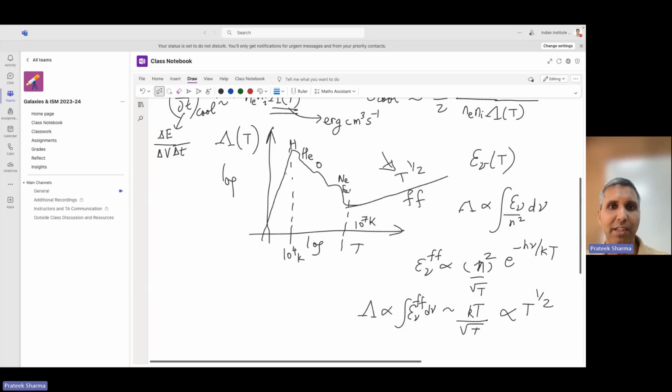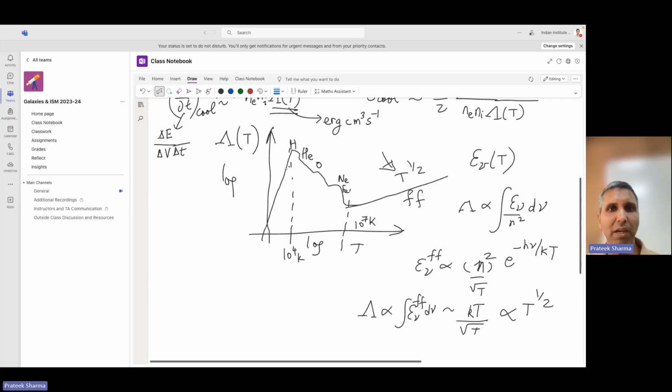So this is free-free, these are lines. Now at this temperature, below 8,000 Kelvin, the plasma is too cool to even excite hydrogen from n equal to 1 to n equal to 2. So even Lyman or Balmer hydrogen emission gets suppressed at low temperatures.